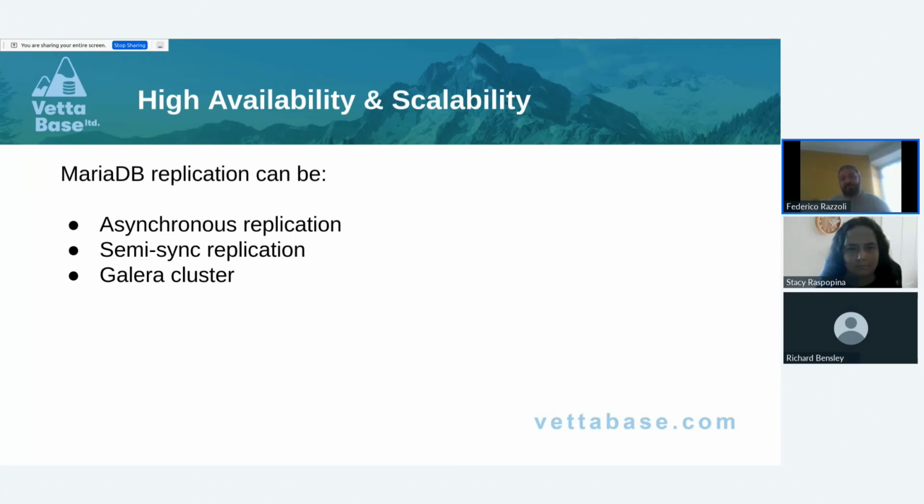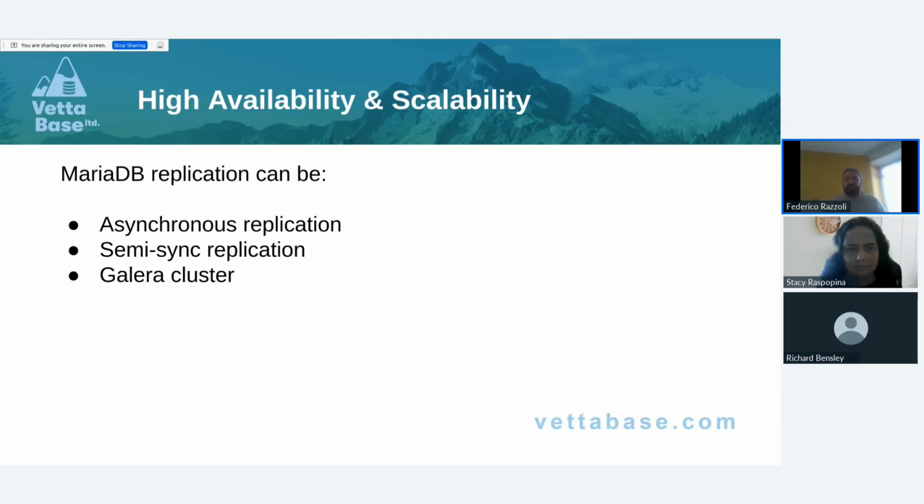MariaDB has these three types of replication. Asynchronous replication, which was the first type of replication which was implemented, which is still incredibly useful nowadays. Semi-synchronous replication, it's much less asynchronous, as I will explain in a moment, but it can bring some problems in terms of speed.